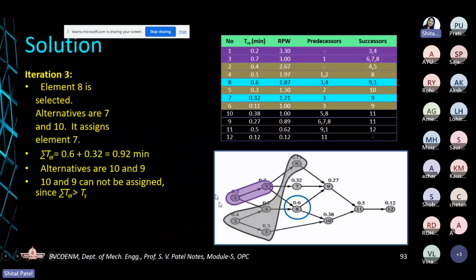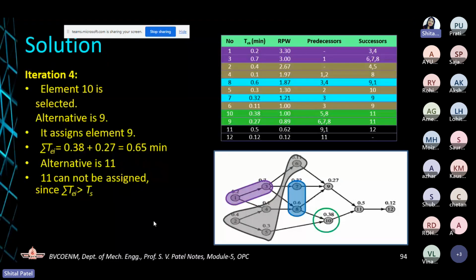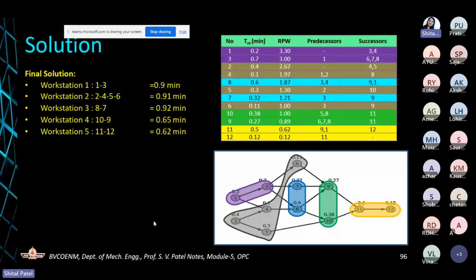I'm just scrolling down this slide. The grouping of the activities in different workstations is different. In the last slide, the final solution: the total processing time per workstation is a little more fine and uniformly distributed.